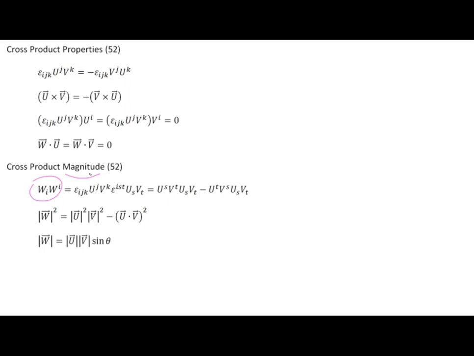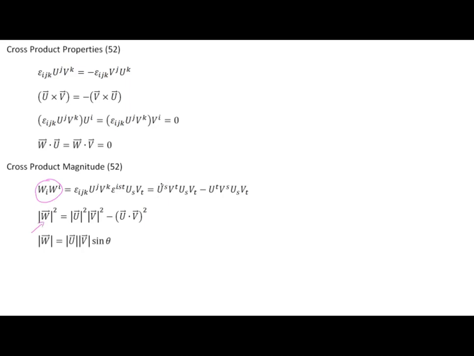And of course that means that we had to combine the covariant definition with the contravariant definition like this. Now, by combining this factor with this factor, we were able to make use of our delta system to reduce the expression to this form. And what we see from this is that this dot product is really the square of the magnitude of our cross product.